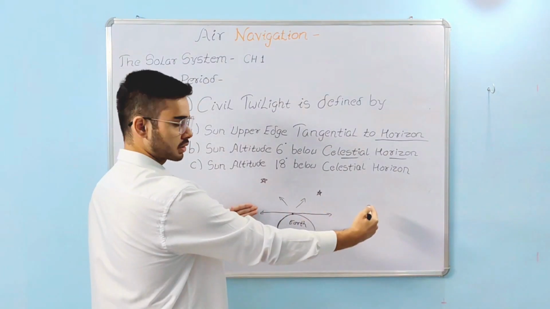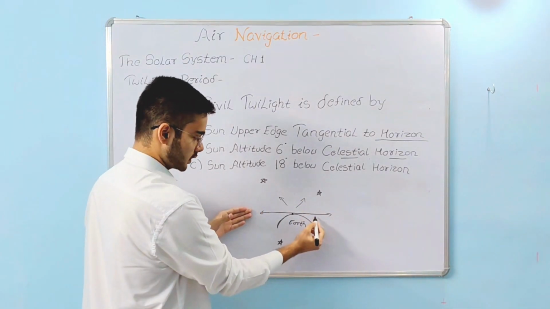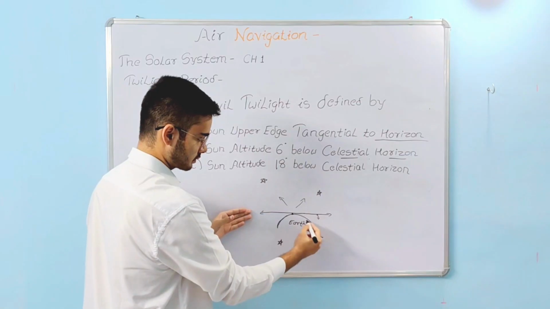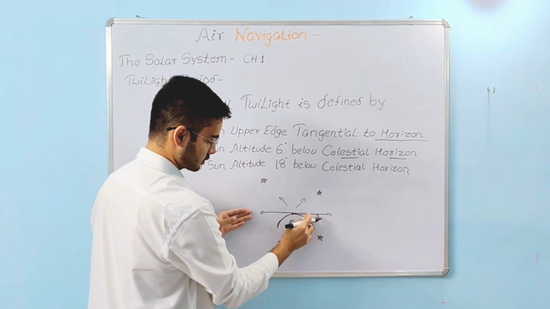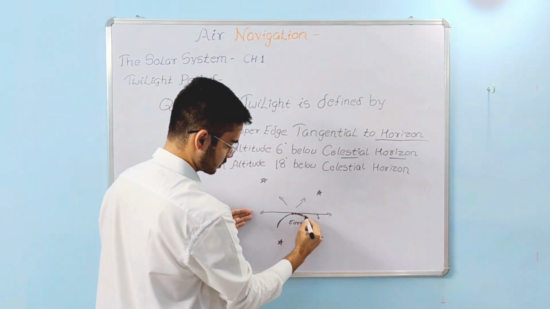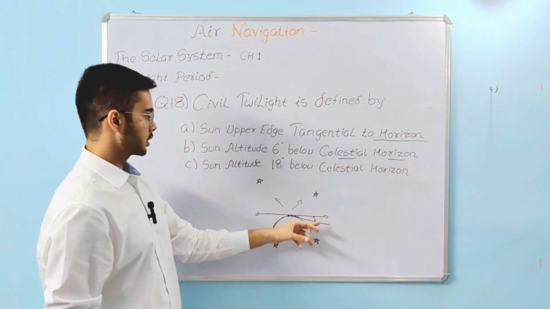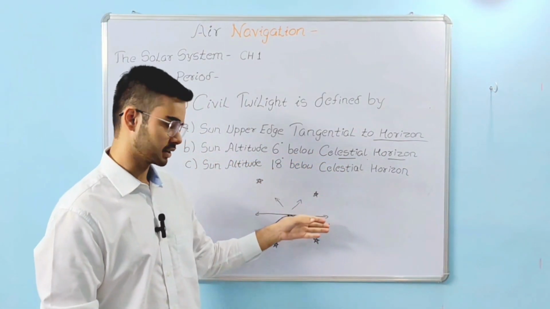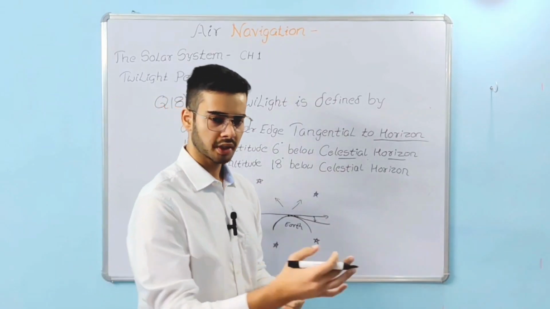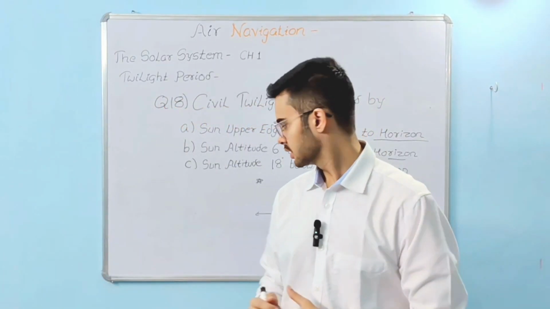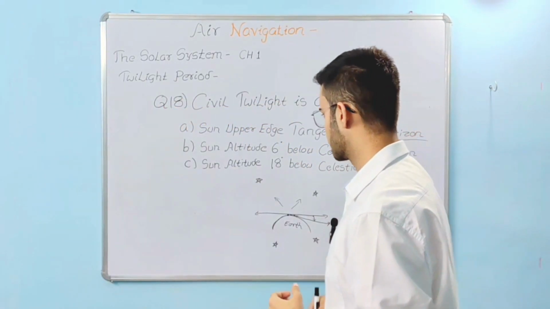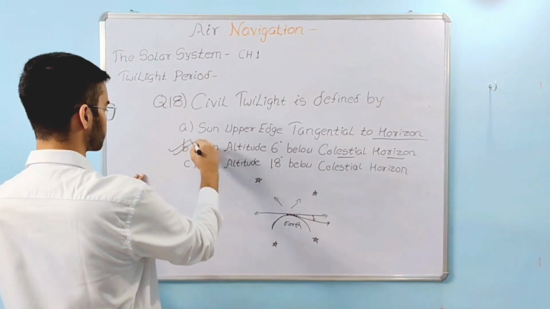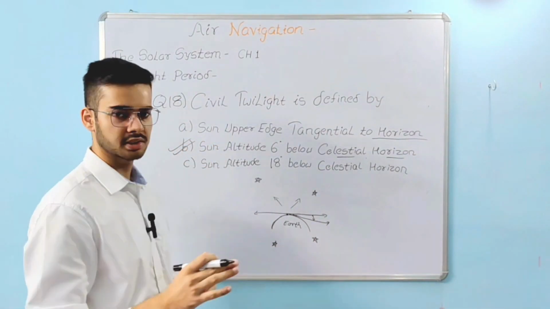If we go 6 degrees below it, the sun's altitude is 6 degrees below the celestial horizon, and it will definitely enter the civil twilight zone. So the correct answer is B.